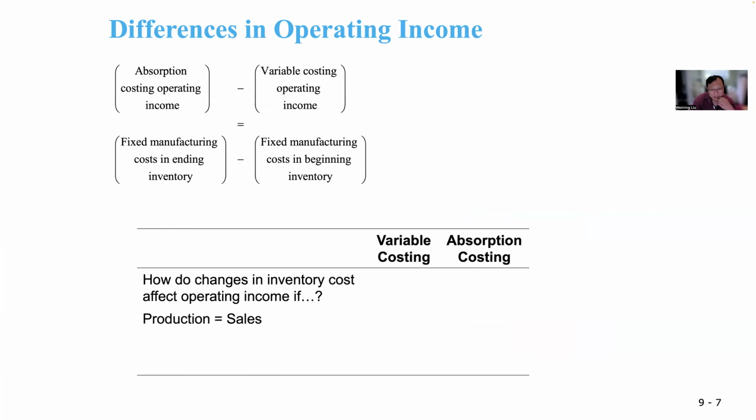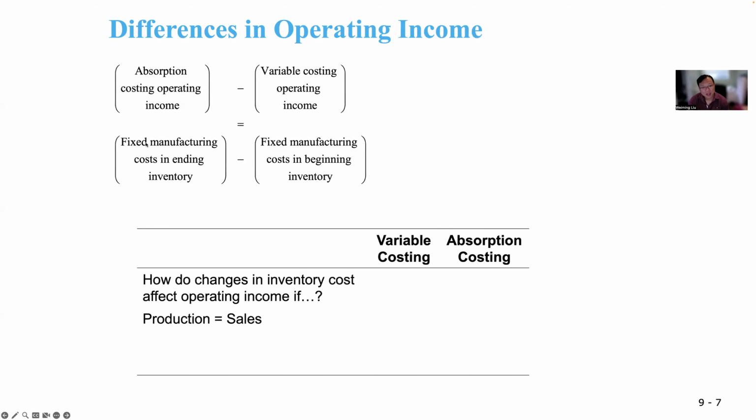So now let's think about how changes in inventory affect the operating income. So the first scenario is in a year, the volume of production equals sales volume, right? So in that case, your inventory level will not change, right?